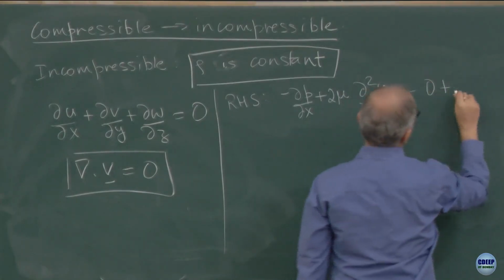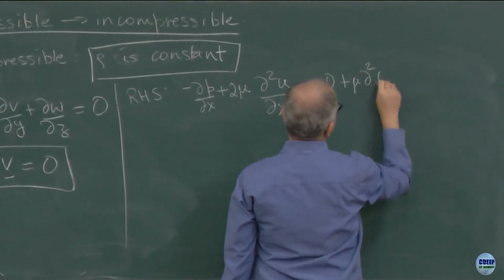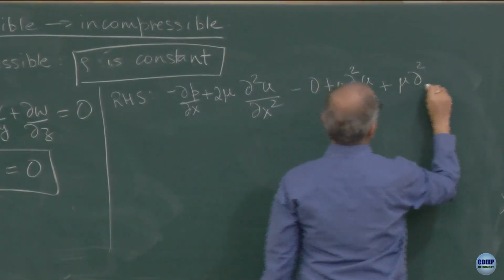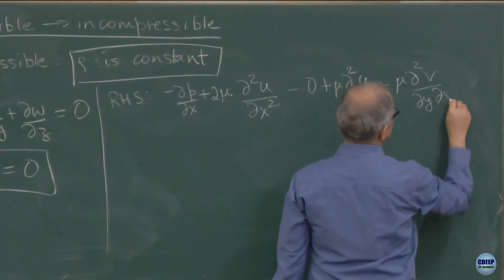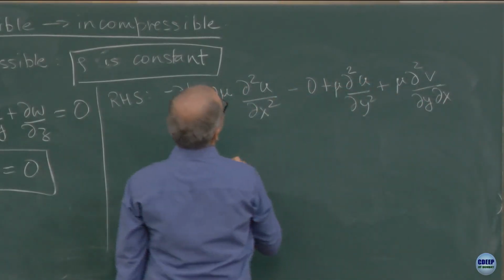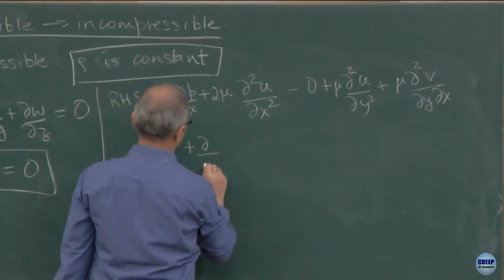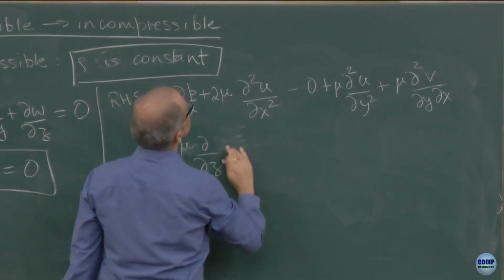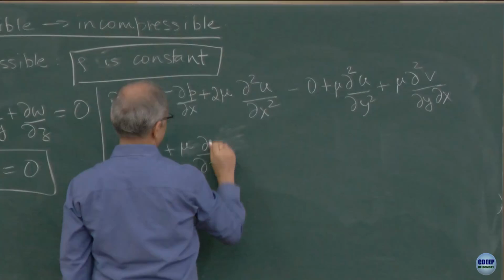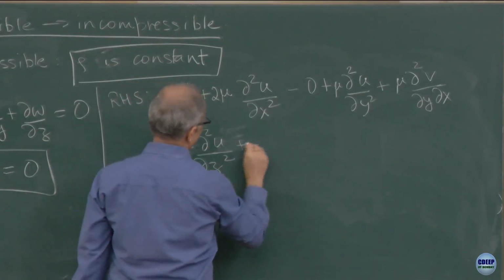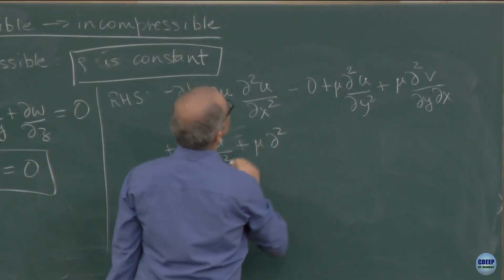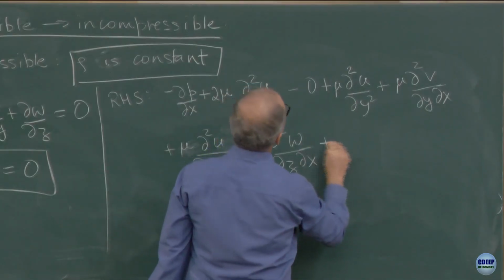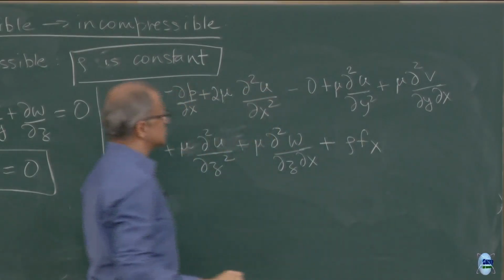For my next term, I can now take out mu times ∂²u/∂y² plus mu times ∂²v/∂y∂x, plus ∂/∂z of mu times ∂²u/∂z² plus mu times ∂²w/∂z∂x, plus rho fx. Okay, so this is now exact.